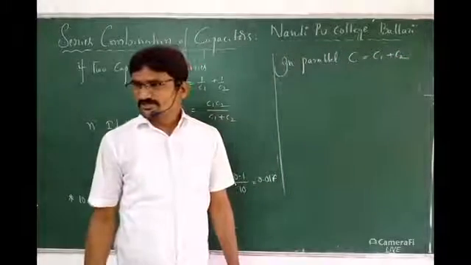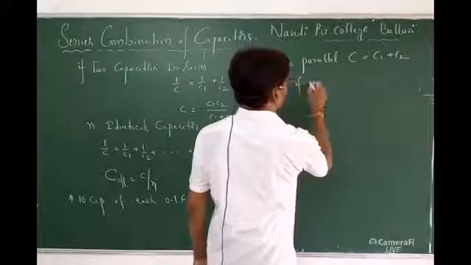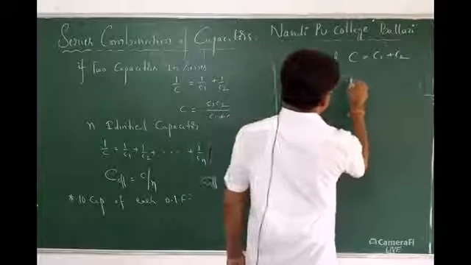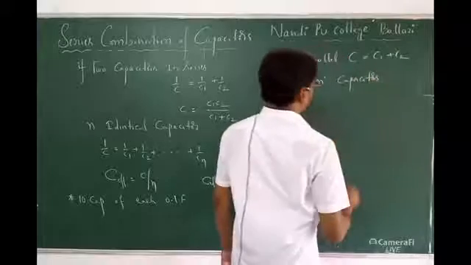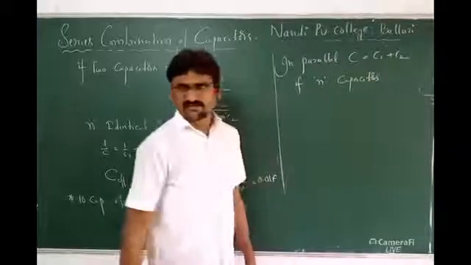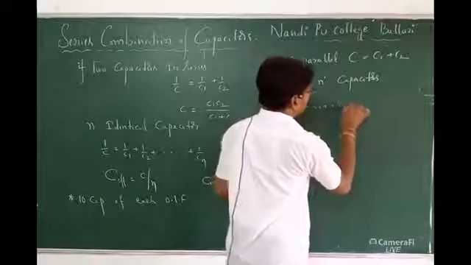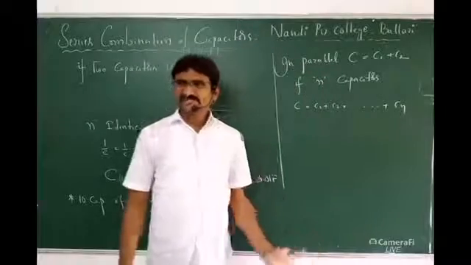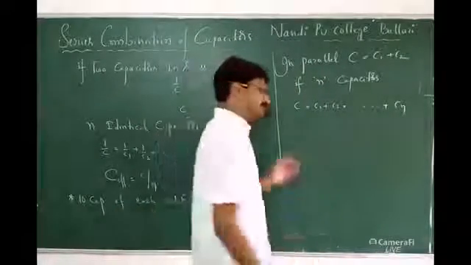If there are n capacitors, then what is the formula? C is equal to C1 plus C2 plus so on plus Cn. Addition only. Addition is nothing but indirectly multiplication.